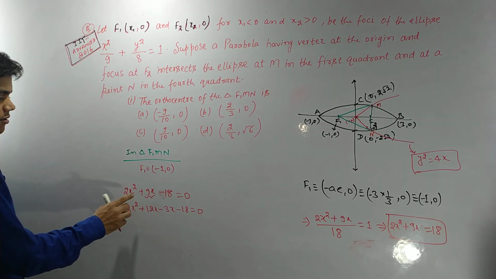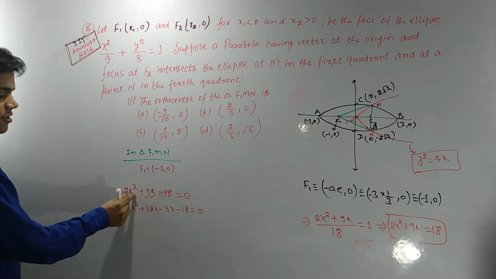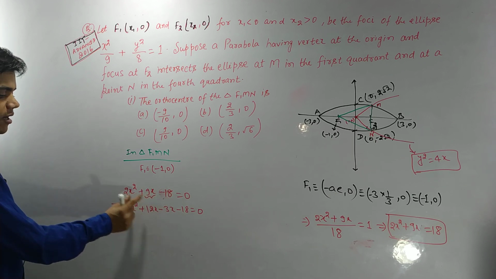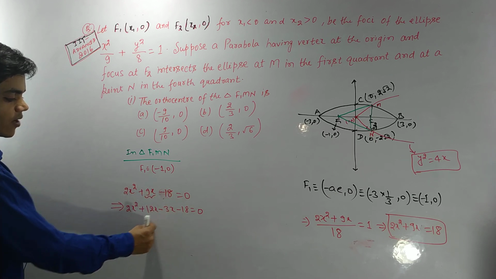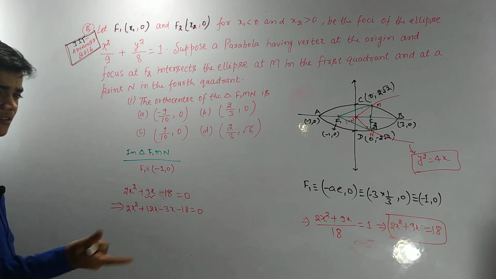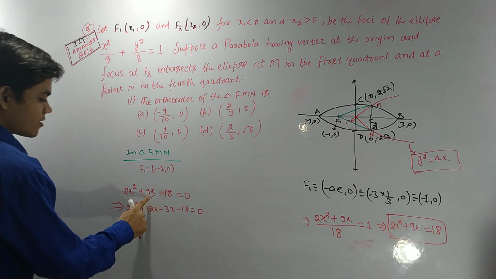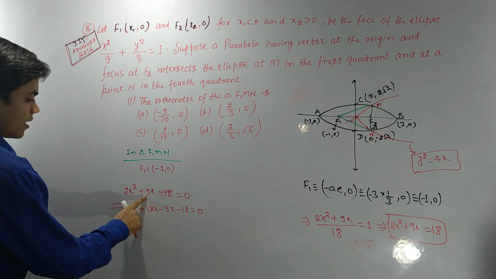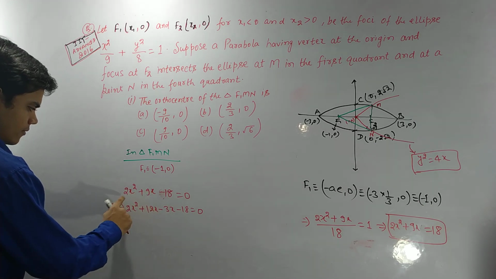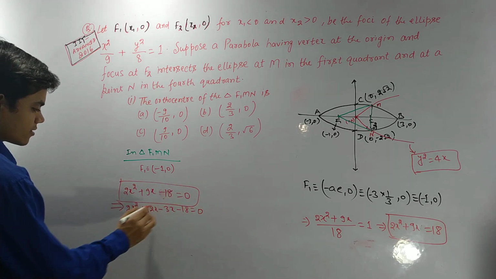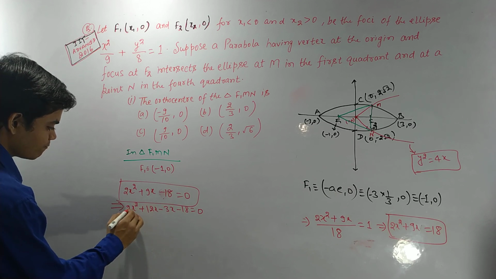How? Because the multiplication of these is minus 36x square, and the multiplication of these two is also minus 36x square. This is the basic thing, and the difference is 9x. So we have written this equation like this after breaking the middle term.